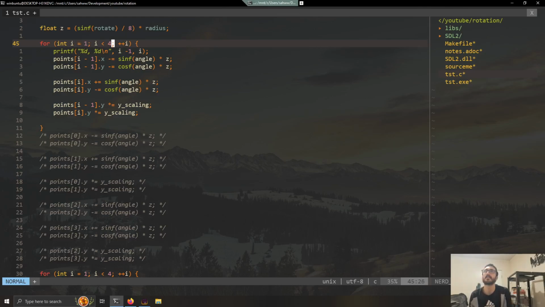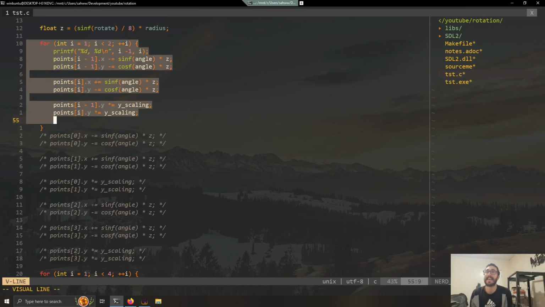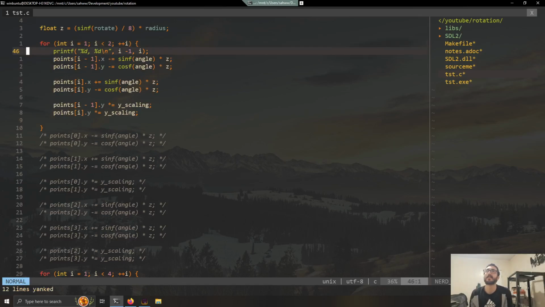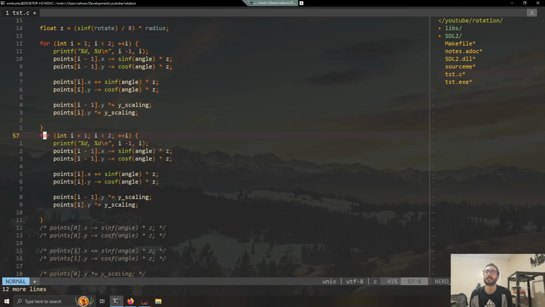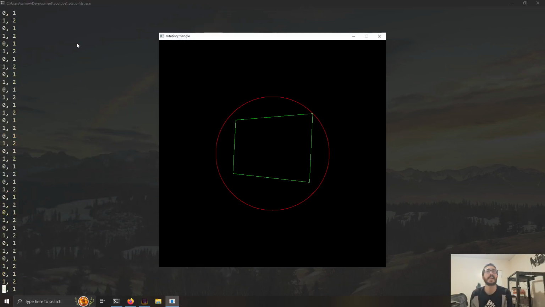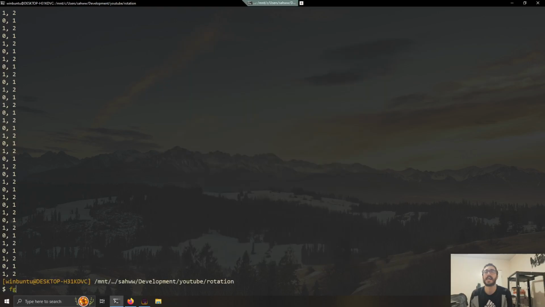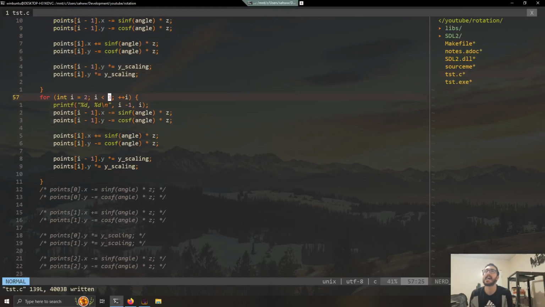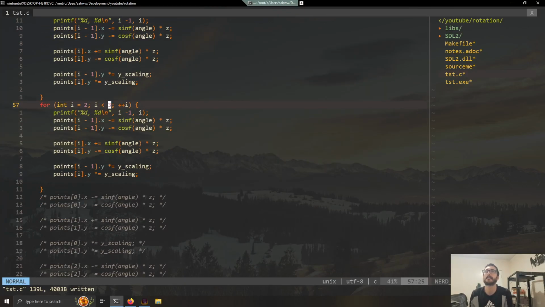Let's just go to 2. And then let's make the same loop, but instead start at 3. Oh, 4.